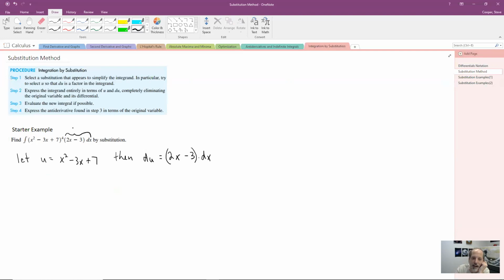So since du equals (2x minus 3) times dx, I can substitute that factor in the integrand with du. Now this other thing we already declared to be u. So everything now in my integral is in terms of u.